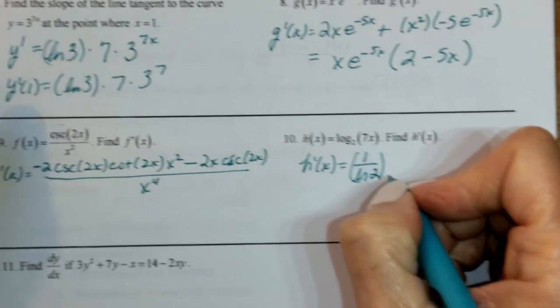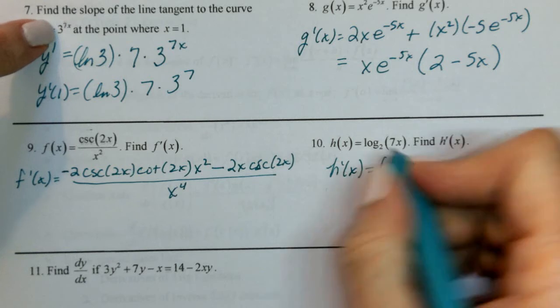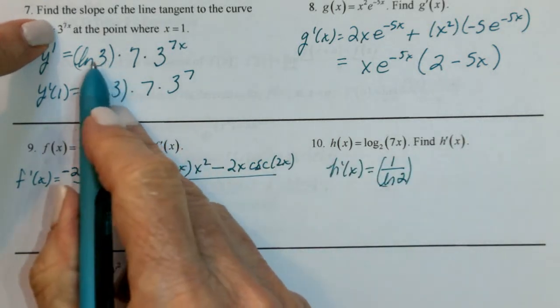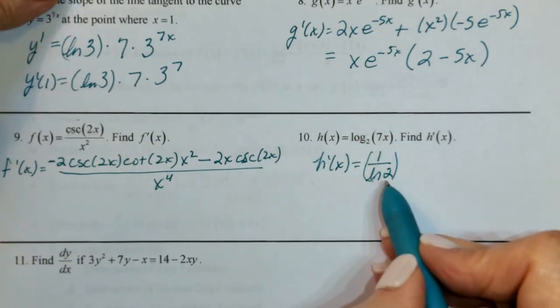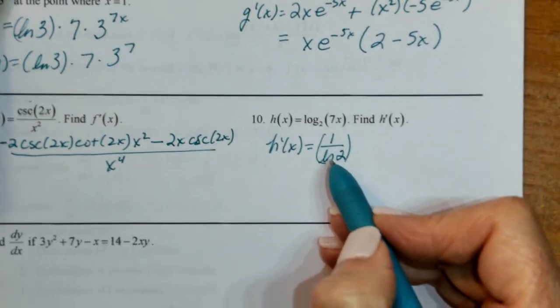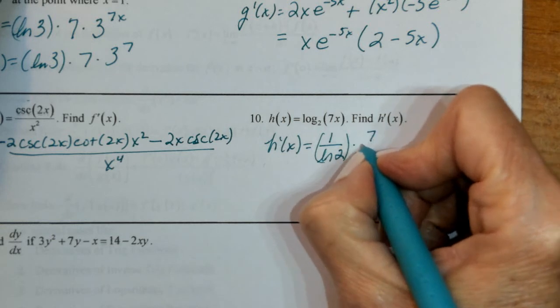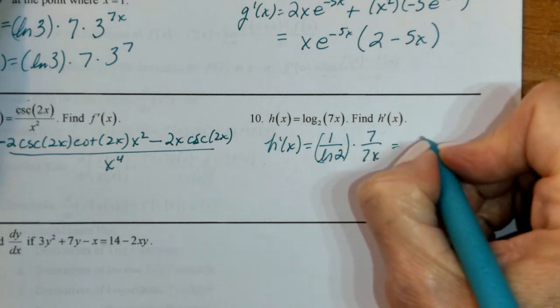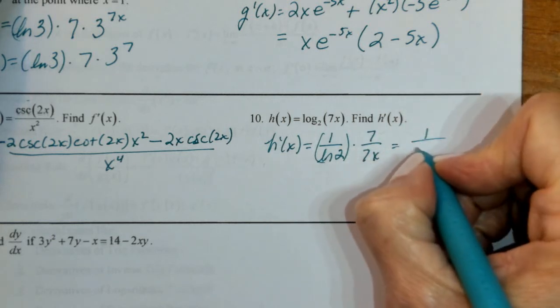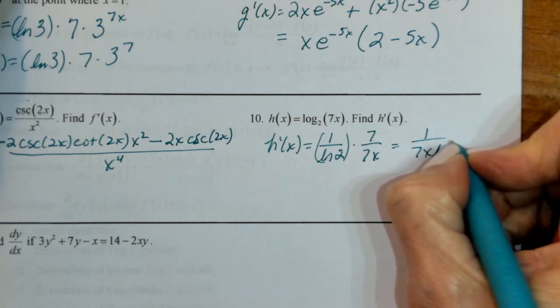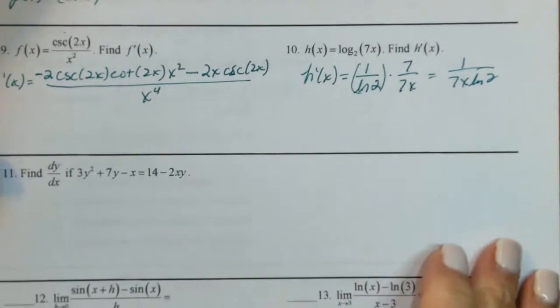Remember, for the exponential, we multiply by ln of that base. For a log, we divide by ln of that base. And now it behaves just like a natural log, which is u prime over u. So this would be 1 over 7x ln of 2. Maybe they would write it like that.